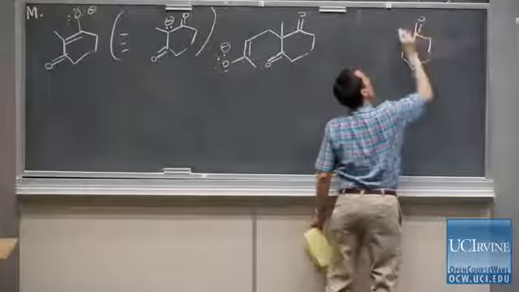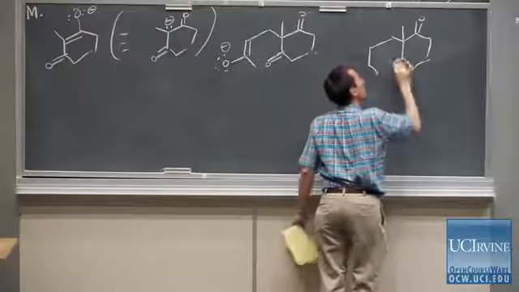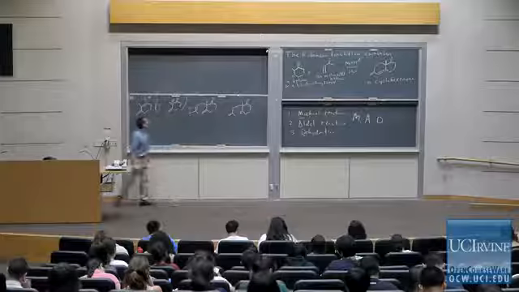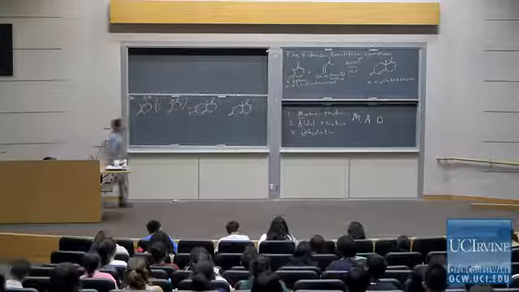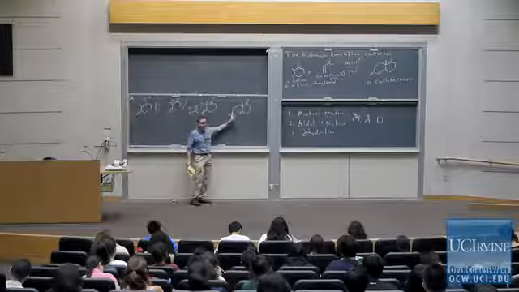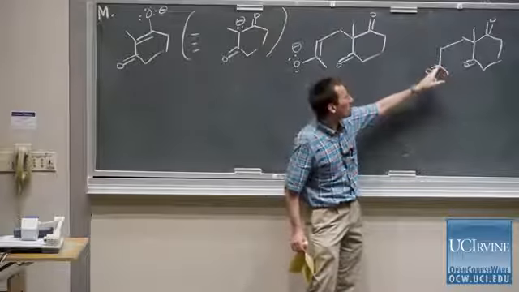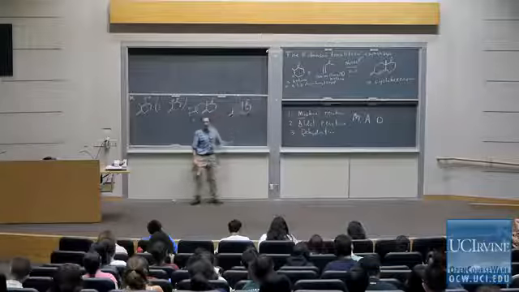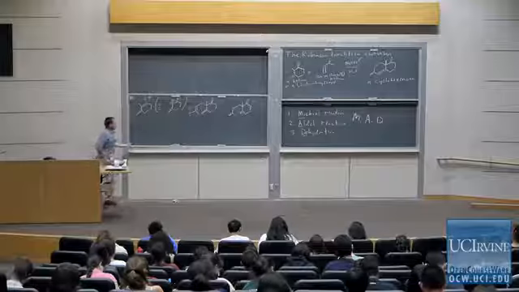And so ends our Michael addition reaction, where now you've formed a 1,5-dicarbonyl. Remember, you can recognize a Michael addition product because there's a 1,5 relationship: 1, 2, 3, 4, 5. It's a 1,5-dicarbonyl compound. All right, that's our Michael step.